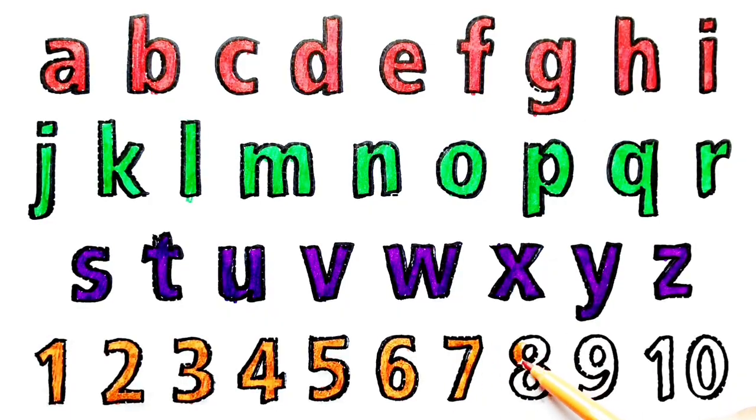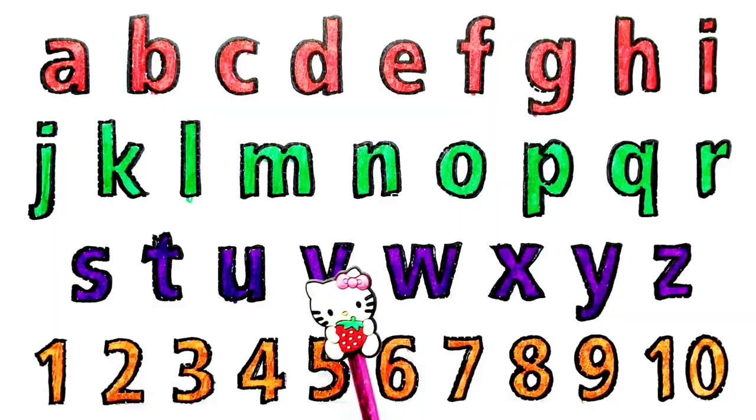A, B, C, D, F, G, H, I, J, K, L, M, N, O, P, Q, R, S, T, U, V, W, X, Y, and Z. Now I know my ABCs. Next time, won't you sing?